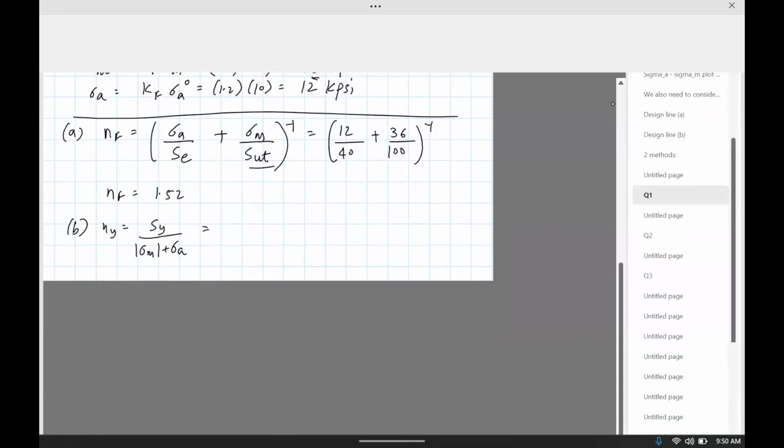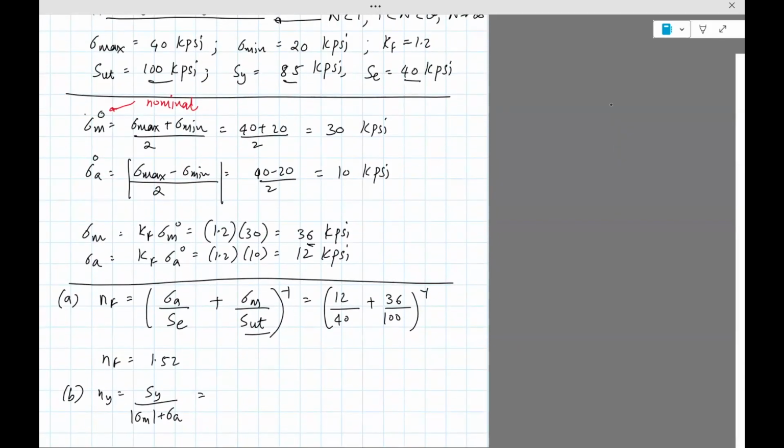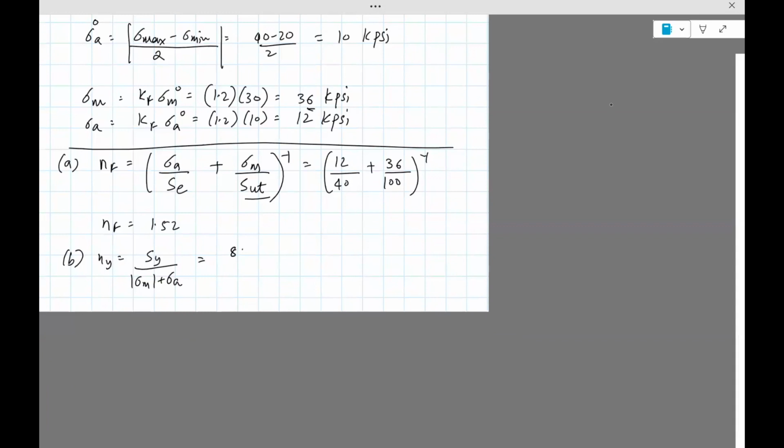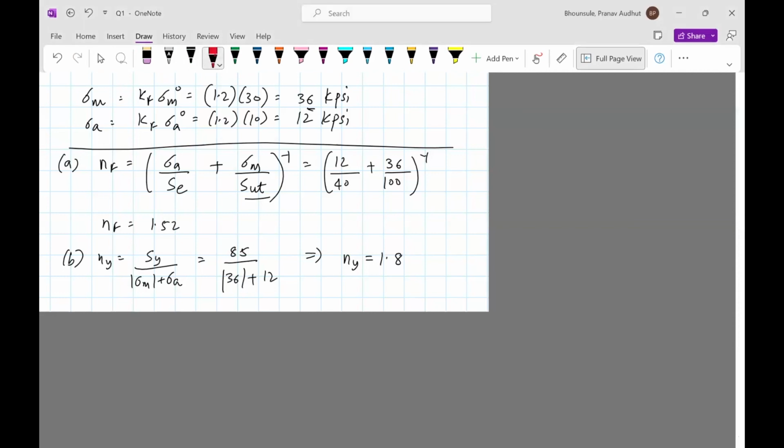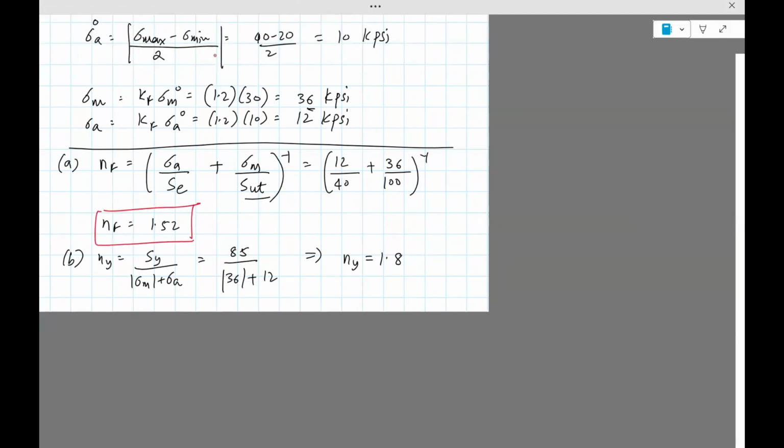So SY is given as 85, and we have sigma M is 36, sigma A is 12. So 85 divided by, I think, 48 is 1.8. Okay, so that completes part A and B.